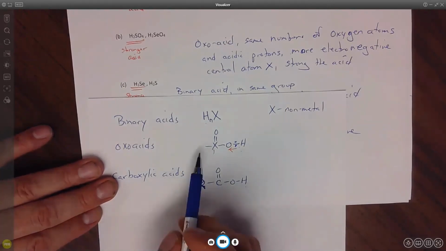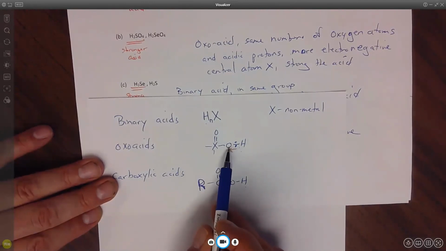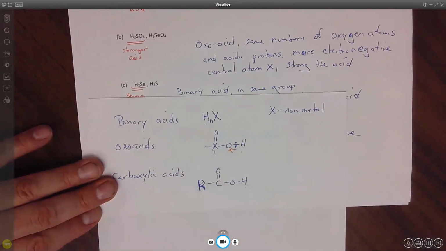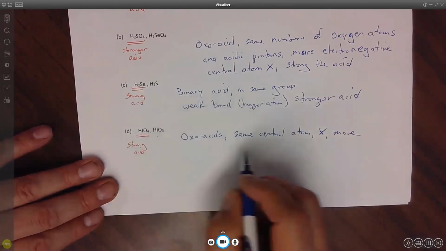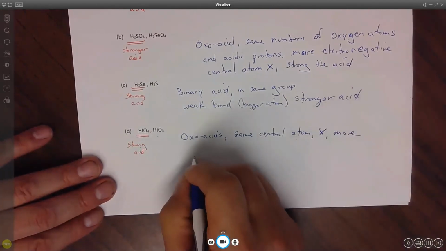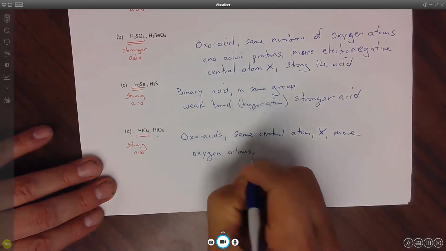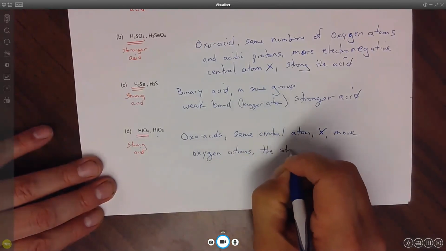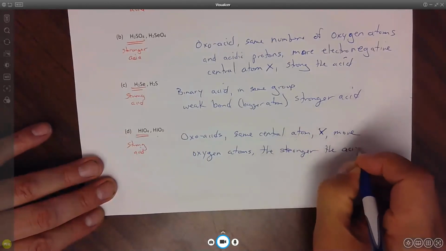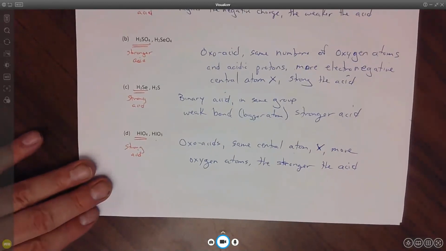More electronegative oxygens pull the electrons closer to this oxygen, making this bond weaker and weaker, and thus a stronger acid. So for an oxoacid with the same central atom, the more oxygen atoms, the stronger the acid. Any questions about that?